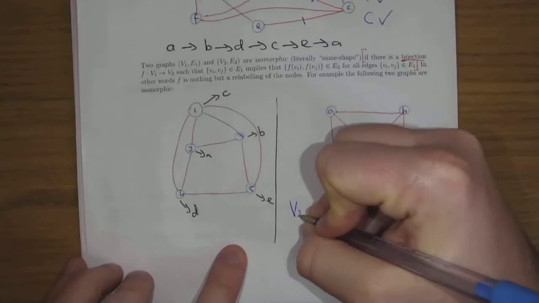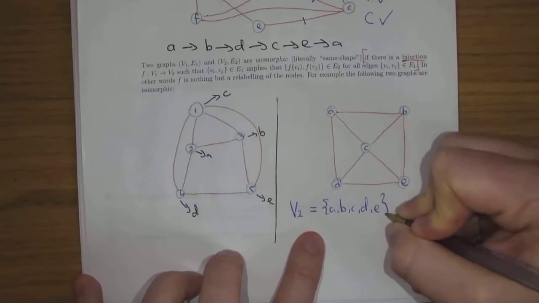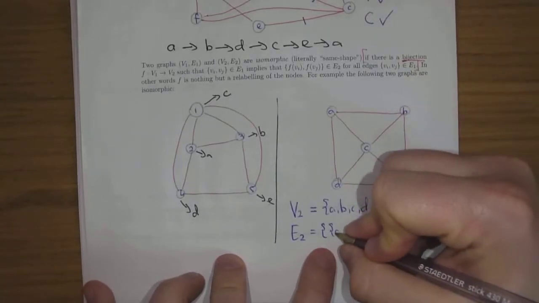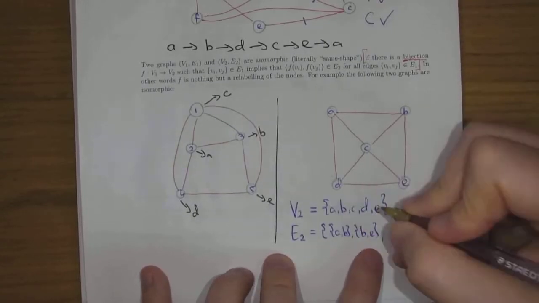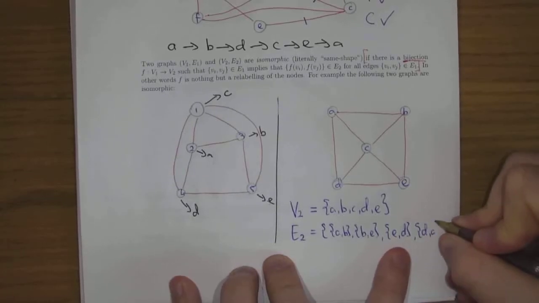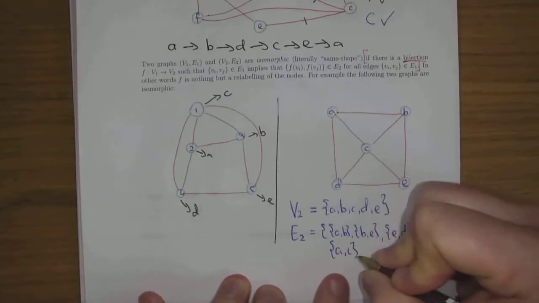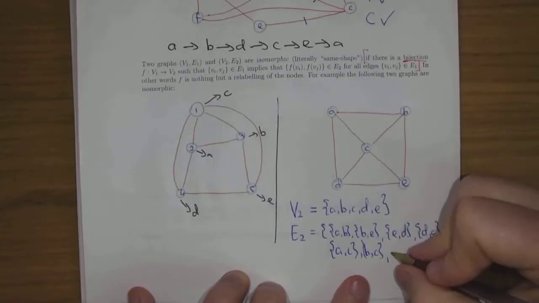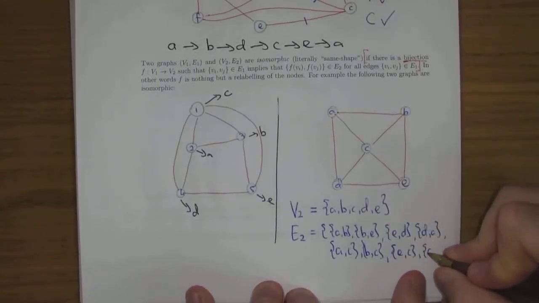So here, the vertex set is A, B, C, D, E. And the edge set is, what have we got? AB, BE, ED, DA, AC, BC, EC, and CD.